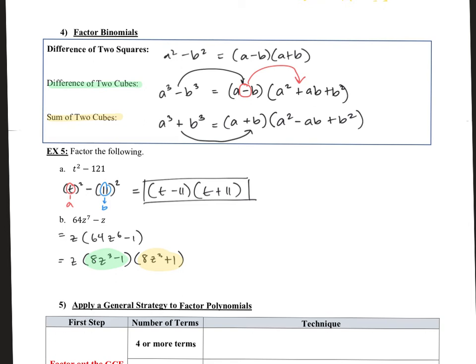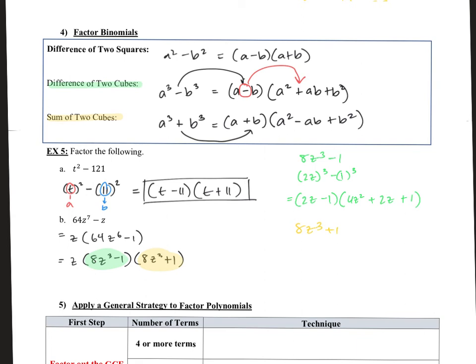Let's go ahead and factor those on the side, and then I'll put it into my problem. Okay, so we need to identify the a and b values first. So it's going to be 2z cubed minus 1 cubed. So, factoring this out, we have the minus sign, so it's going to be a minus b, a squared, so that's 4z squared, plus ab, so that's 2z, plus b squared, which is going to be 1.